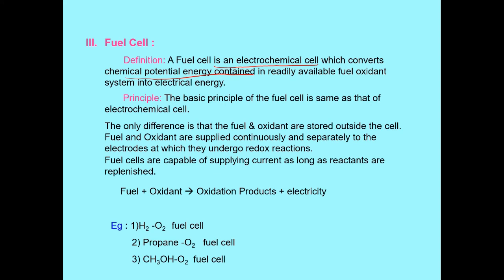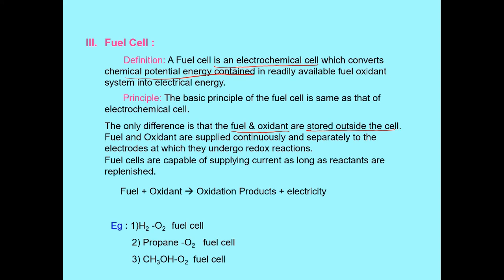The principle of the fuel cell is the same as that of an electrochemical cell, but there is a difference between this fuel cell and all other cells. The main difference is that the fuel and oxidant we are supplying are actually stored outside the cell. They cannot be stored inside the cell.